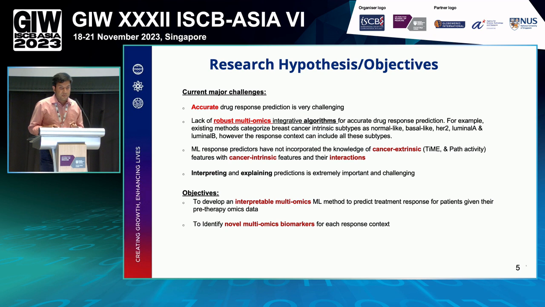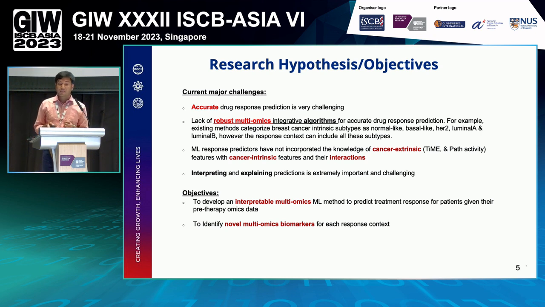So I tried to summarize the current challenges. First, accurate prediction is always challenging. Second, there is a lack of robust multiomics integration algorithms, because existing methods can categorize breast cancer samples into 5 subtypes. But when you consider the phenotypic response to a treatment, one treatment response can include all of the subtypes.